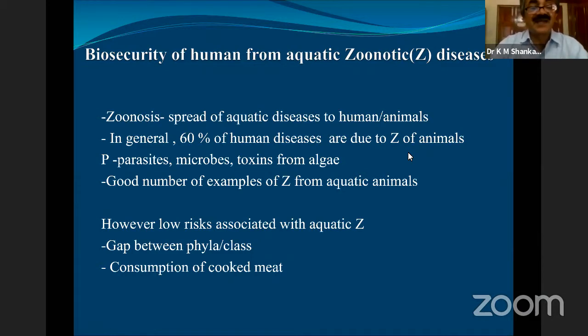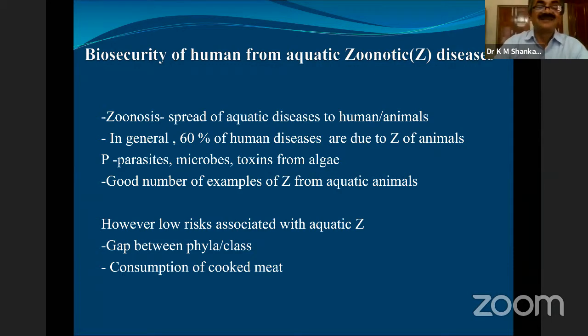And it may be parasites, microbes, toxins from algae. As I said earlier, there are a good number of examples of zoonotic disease in aquatic animals. There are viral diseases, there are parasites, there are bacterial diseases which can jump from aquatic animals to human beings.